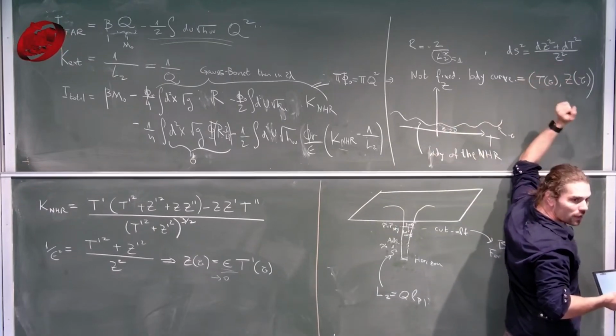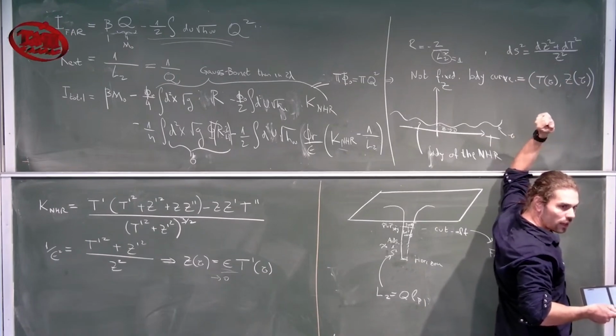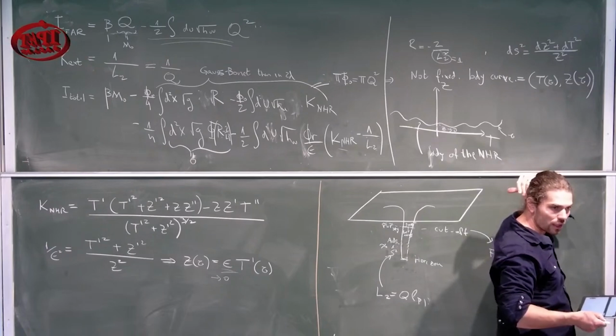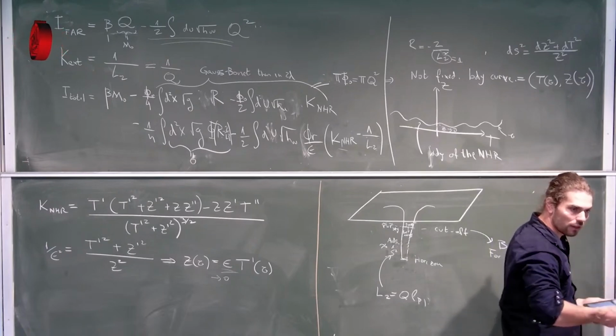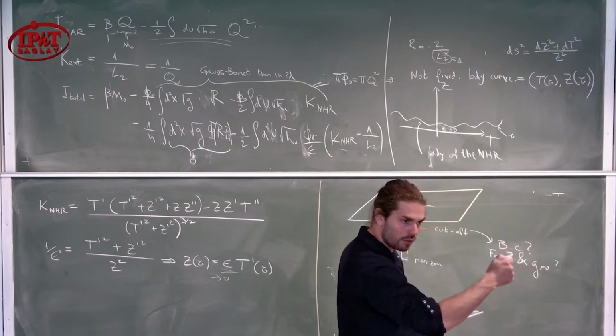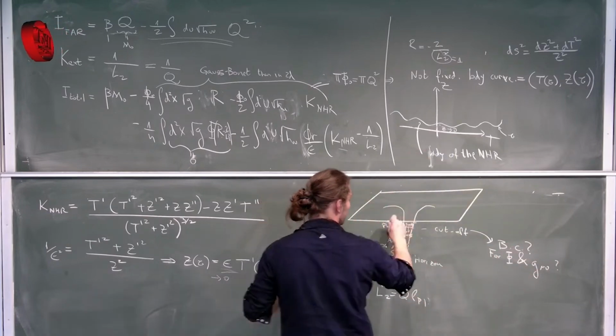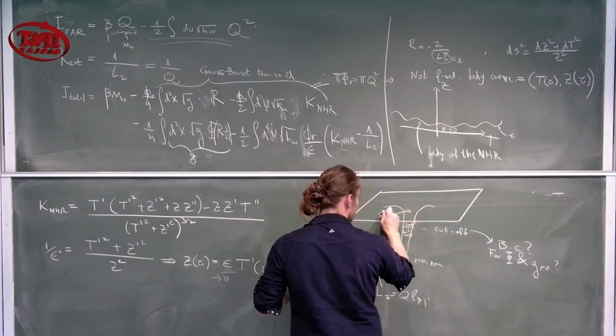Why do you identify this as epsilon? Because that was the boundary condition that I fixed at the edge of the near horizon region, right? I determined what h tau tau is by looking at the faraway region and solving the equations of motion there.